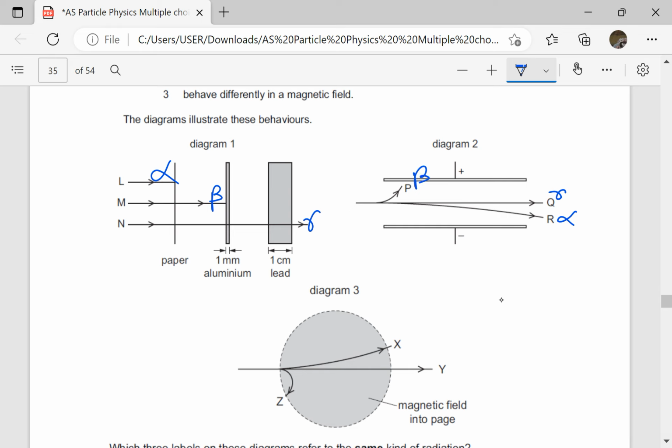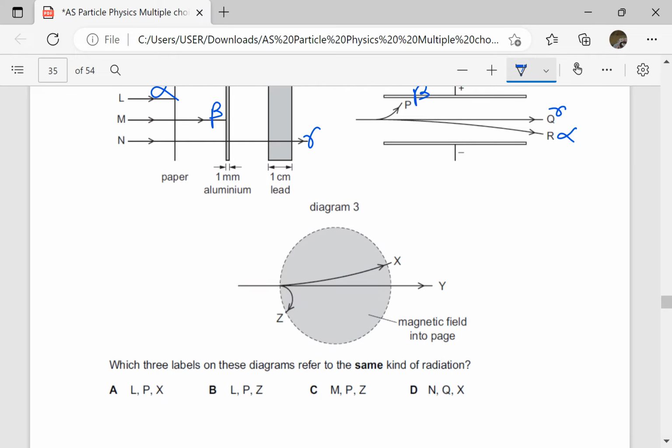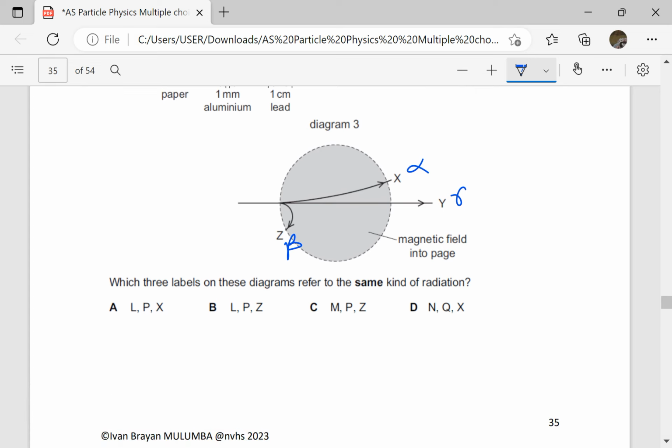Because beta has a small mass, it undergoes a greater deflection. Then that was in an electric field. In a magnetic field, this is going to be gamma, this is going to be alpha, and this is going to be beta.